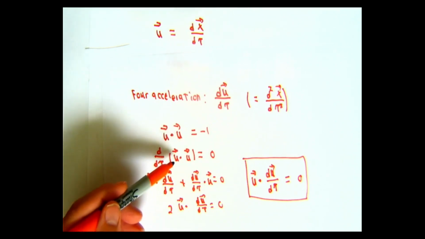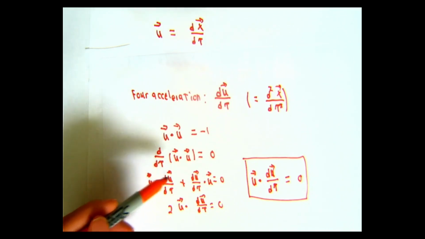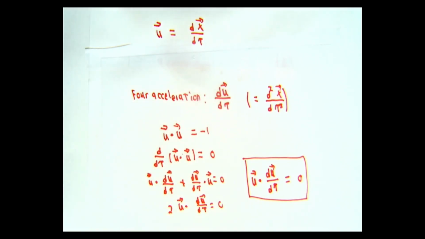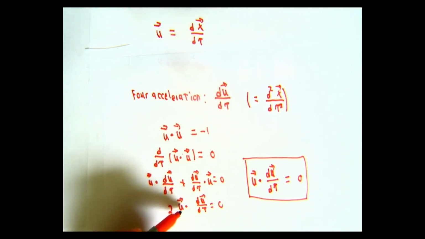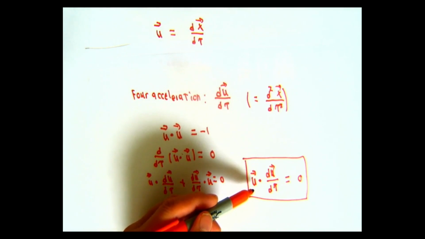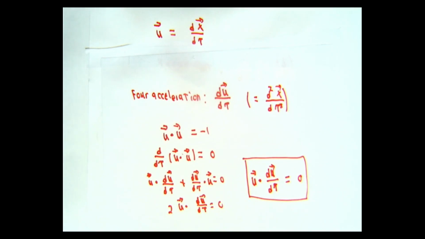So the derivative of U dot U is the first vector dot product with the derivative of U, plus the derivative of U dot product with the second vector, U. Also, I haven't proven this either, but it's easy to see that the dot product is commutative. So this being 0 says that that's being 0. If U is the 4 velocity, then I can guarantee you that the Minkowski dot product of U with the 4 acceleration is 0. This is always true.